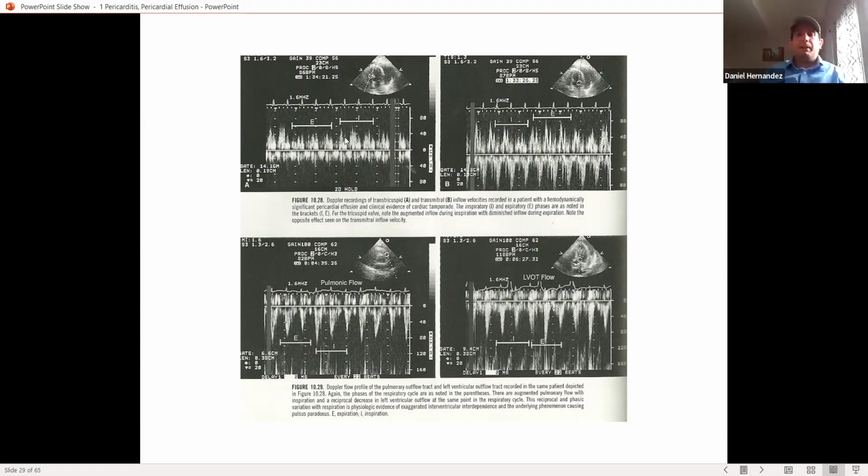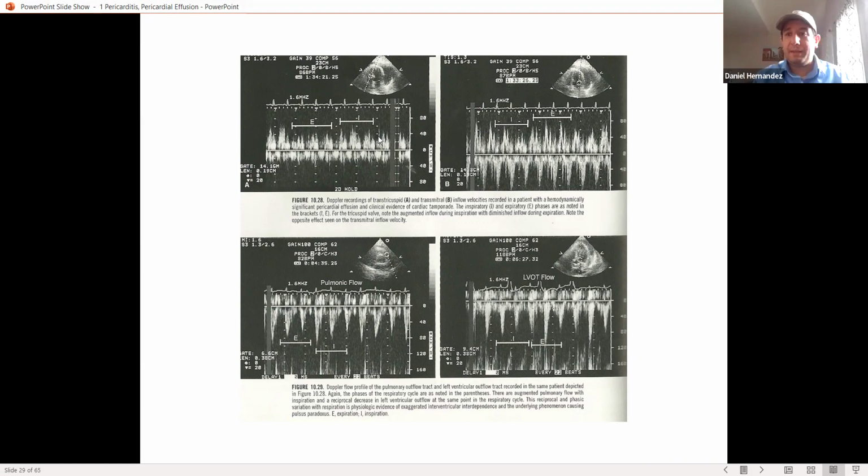We said when we were talking about pulsus paradoxus, with inspiration, we see a decrease in those pressures. That's because we have less blood flow leaving the heart at that point, so we have reduced pressure. We can see it on the EKG tracing as well.